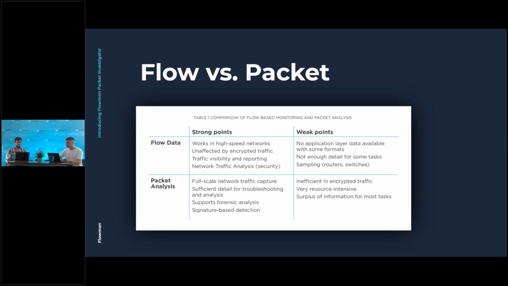Flow has a lot of advantages. Flow is scalable, so even massive networks, with the explosion of bandwidth that's used by users and applications, Flow can scale to these speeds. It's efficient for encrypted traffic, which means that if used wisely enough, information that you can pick up from even encrypted traffic usually suffices for troubleshooting.